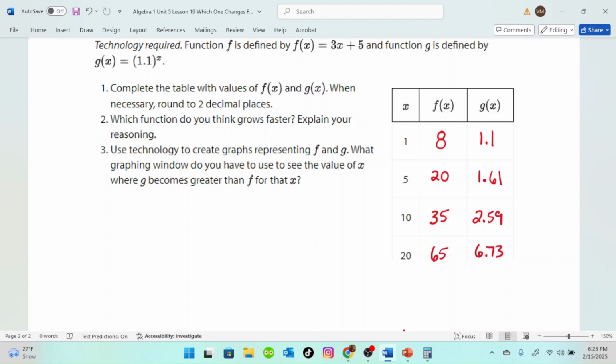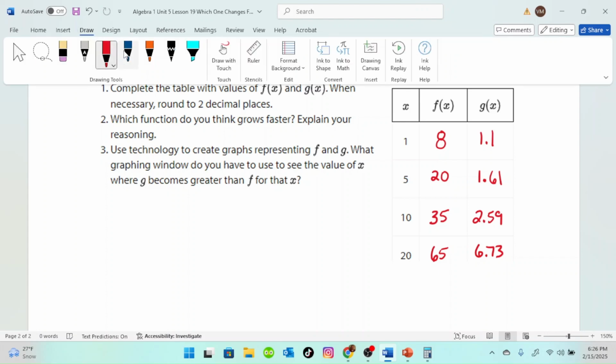If we're thinking about multiples, from 8 to 65 is an increase of just over 8 times, and 1.1 to 6.73 is an increase of just over 6 times. So at this point, f of x is increasing faster than g of x.